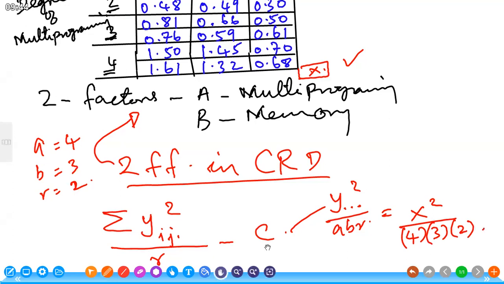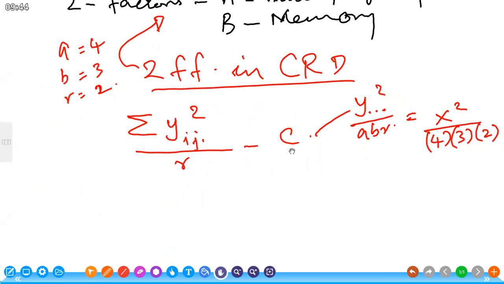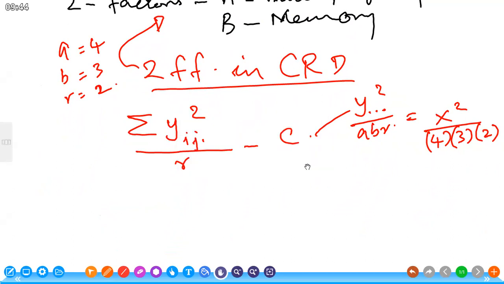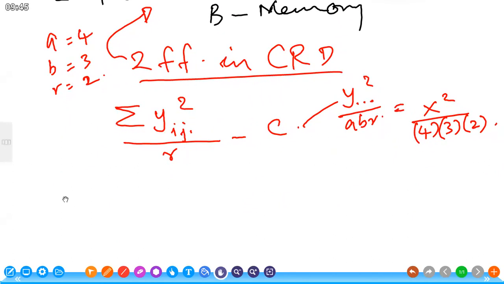How do you get this ij effect? Anyone? That means we'll have to add all these values. For example, this is called treatment. Sir, also square.